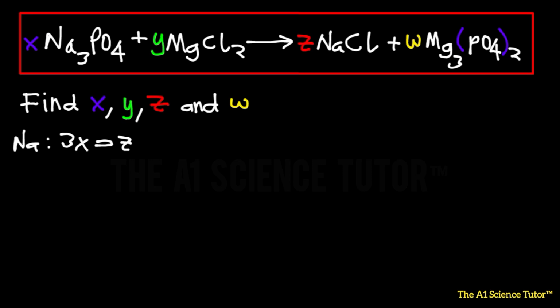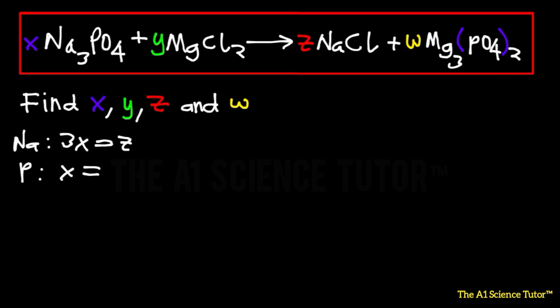Now let's go to phosphorus. For phosphorus, we just have one atom of it. So that will be multiplied by x, and that will give us the basic x on the left-hand side. Then on the right, we have phosphorus there. Now this bracket means that the 2, which I would actually say is a subscript, works for both the phosphorus and the oxygen.